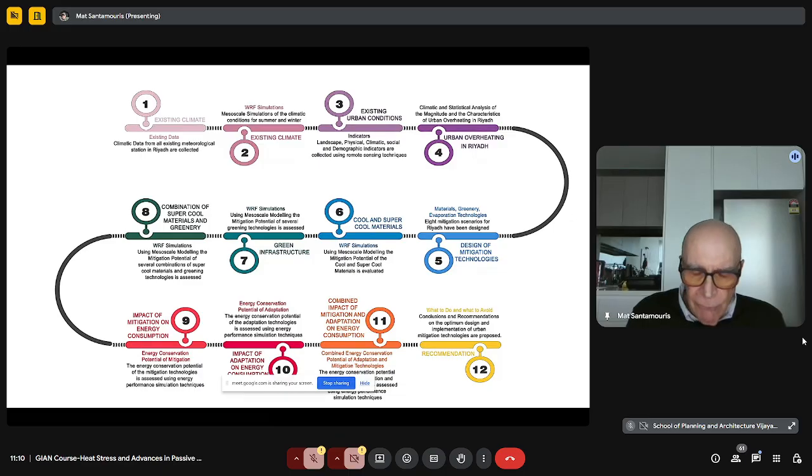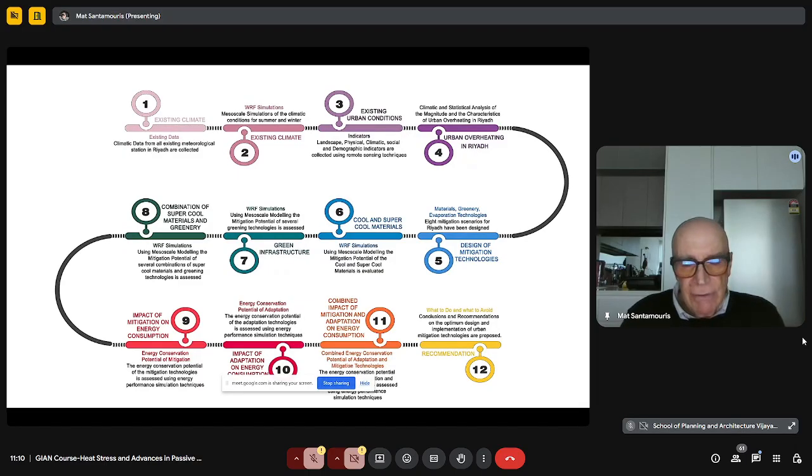So we had a full documentation of the potential of the mitigation technologies that we have considered and assessed, and this has to do with 8 different scenarios, and we were absolutely sure that this is almost the optimum design of mitigation technologies.